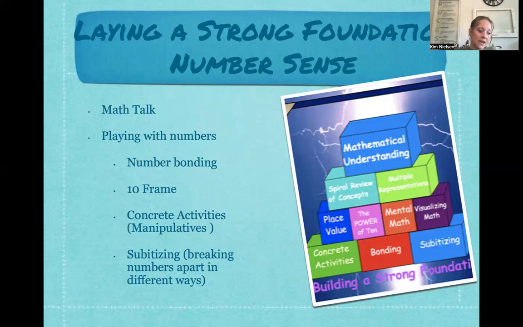Other questions might be, can you build a model? Can you use numbers and symbols to explain your model? Is that the best or most efficient way to solve that? Right? And you're going to see in Singapore, we'll solve things in different ways and in multiple representations. And so you could say, hey, is there a more efficient way to do that?